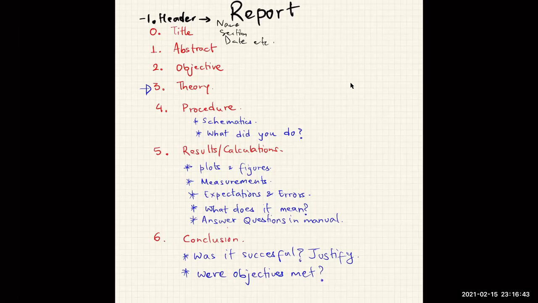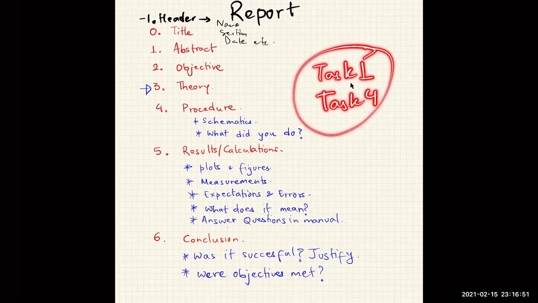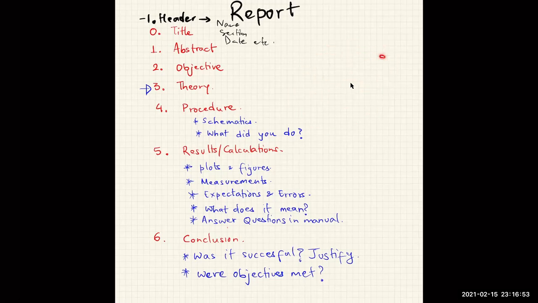For instance, task 1 and task 4 of lab 5 are both to do with superposition. So maybe you can group those two tasks as one sub-experiment and report it in your report likewise, instead of having a separate procedure for task 1 and task 4 separated by task 2 and task 3 that have nothing to do with superposition, right?